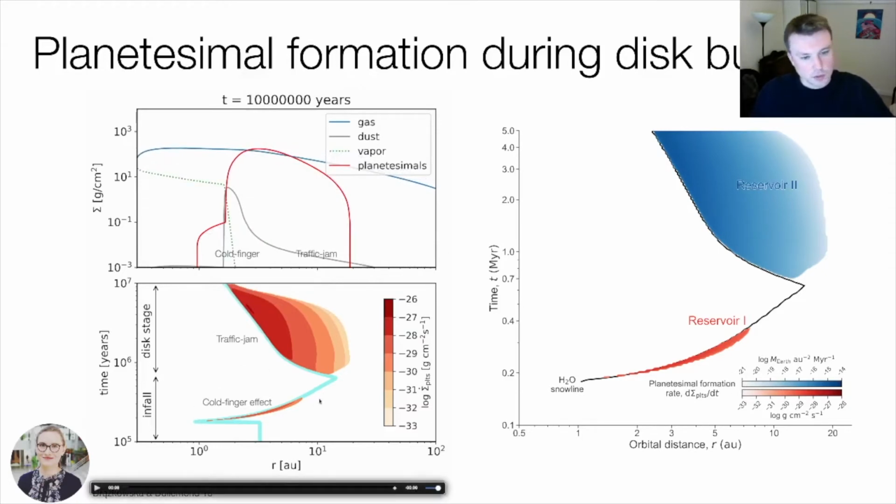Now, what you particularly see is the drift of the snowline from the infall to the disk stage, the buildup of distinct planetesimal reservoirs during the time window, first because of the cold finger effect, and then because of the traffic jam effect.